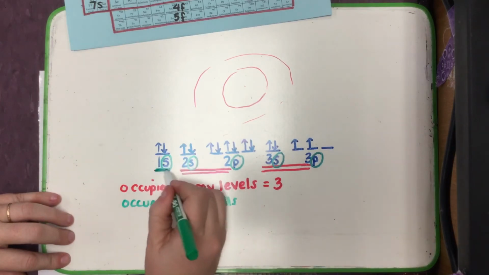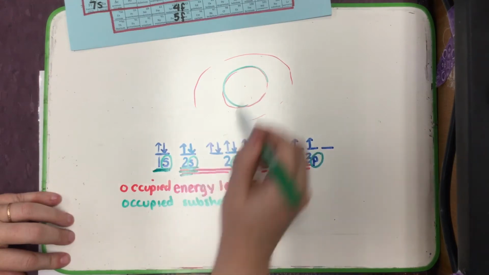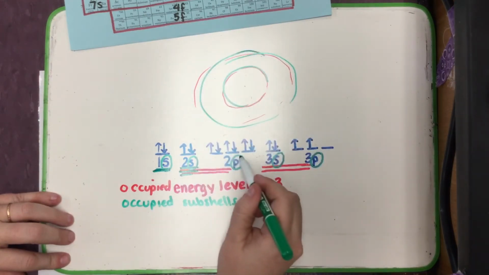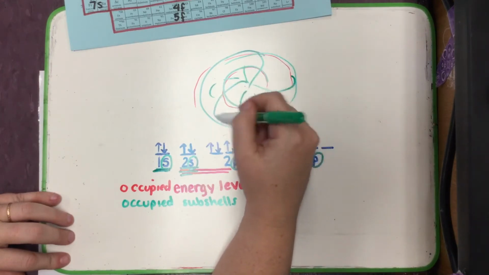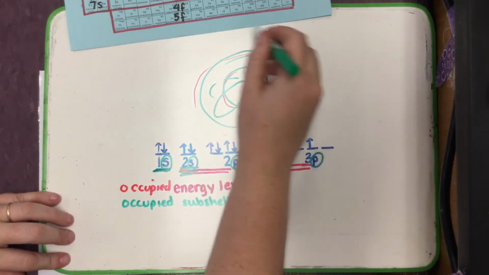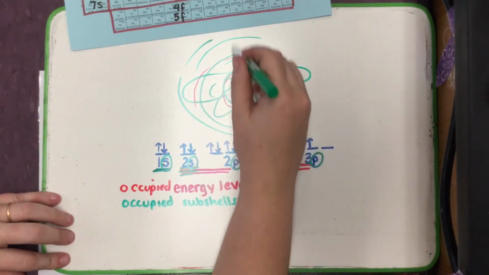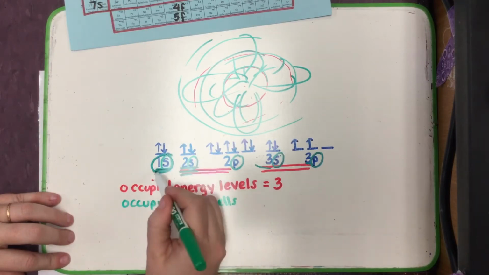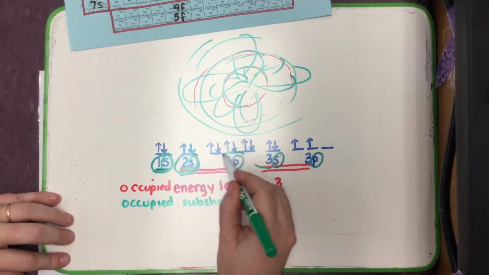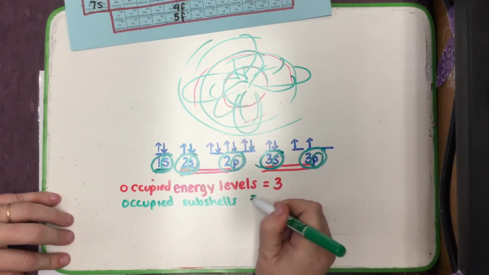So here we have 1, 2, 3, 4, and 5 different subshells. Those are the number-letter combinations.